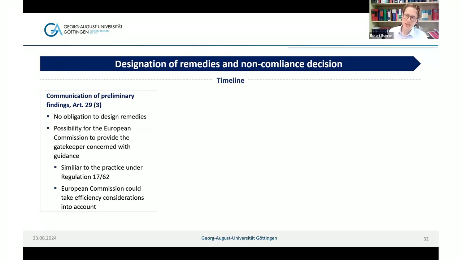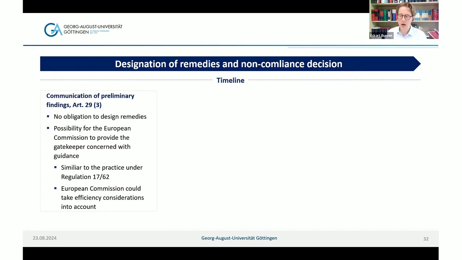And therefore, it will be more difficult for the gatekeeper to attack a certain assessment of the European Commission if it involves technical complex economic aspects, because the Court of Justice gives the Commission a wide margin of appreciation.